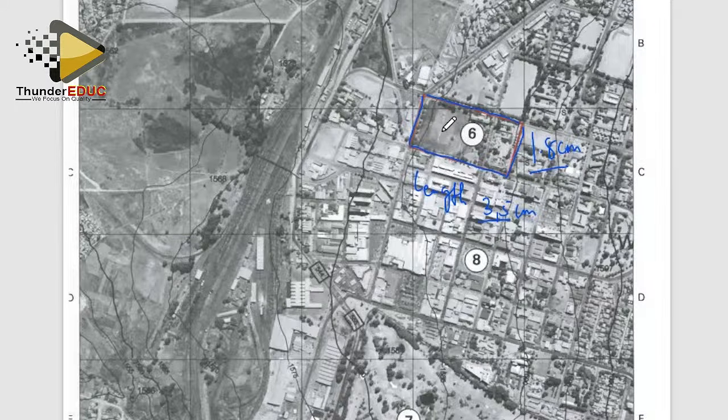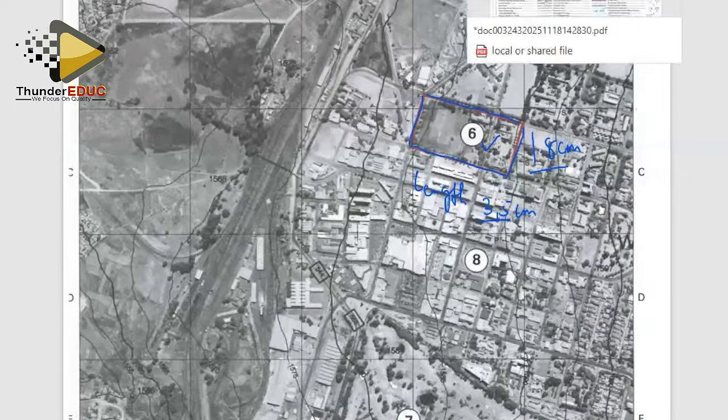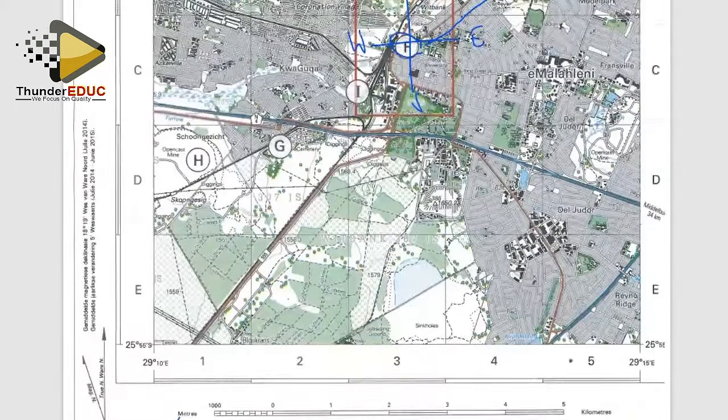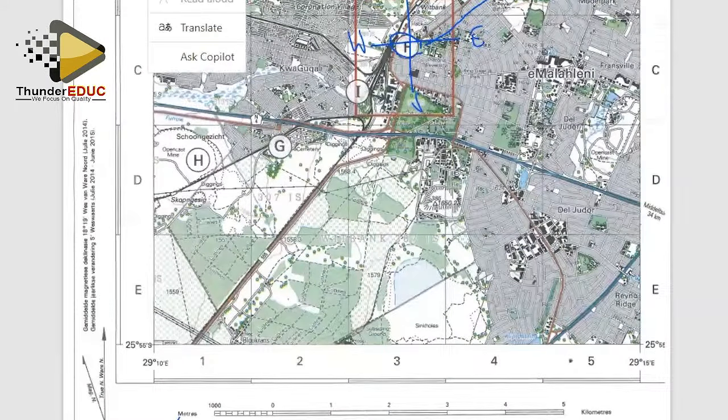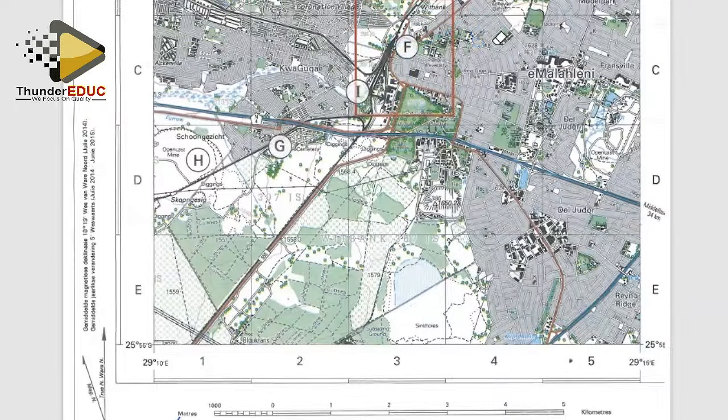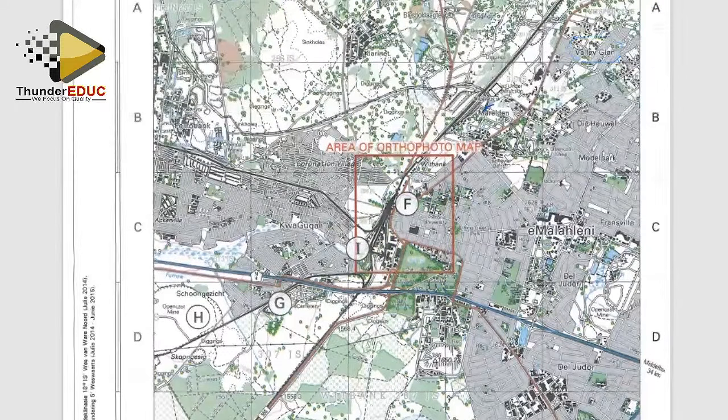And if you're not very sure, we relate this enlarged map to the topographic map to see if there is some form of an aspect which is indicated on the element of the reference for us to figure out the area correctly. Like this area 6, if we transfer this same area to the topographic map, we can safely see that area 6 on the topographic map is within the red demarcated area.